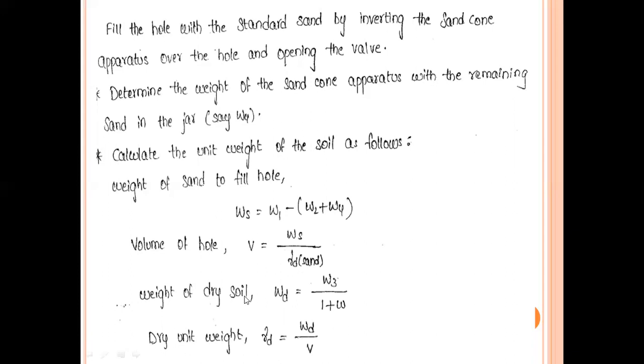Next, the weight of the dry soil, Wd, equals W3 divided by 1 plus w. And dry unit weight gamma d equals Wd by V. Here W3 is the weight of the soil, Wd is the dry weight of the soil.